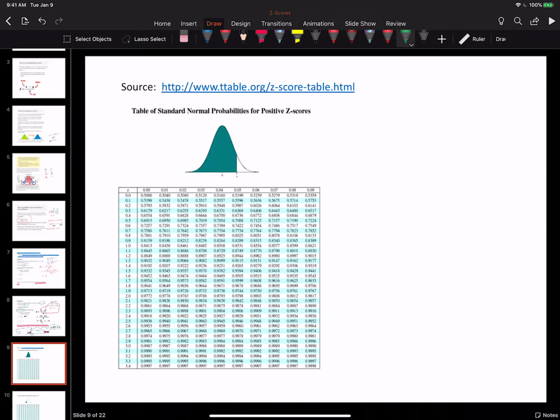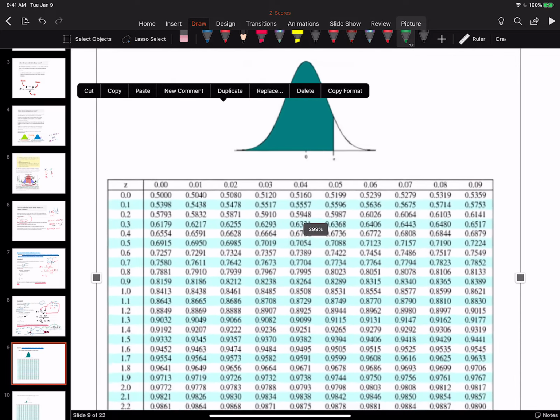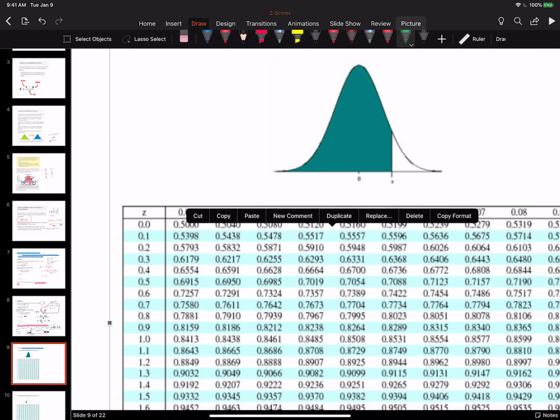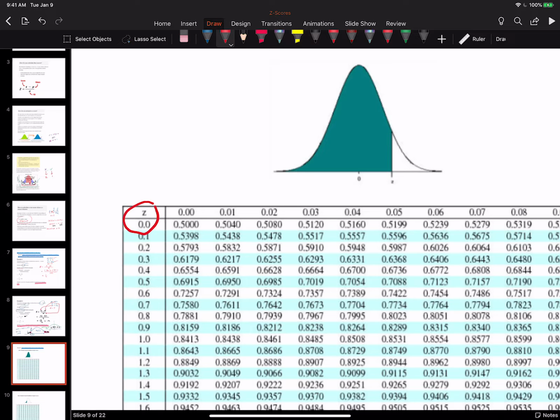Here's the table that we read from for z-scores. If I zoom in right here, you could see at z equals 0, you are controlling 0.5, which reads as 50%. This is just one idea.